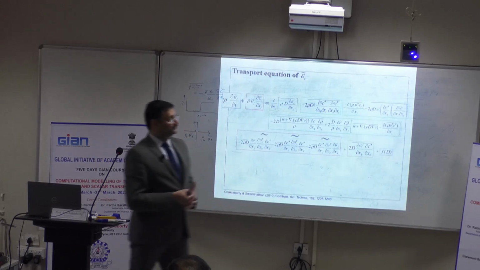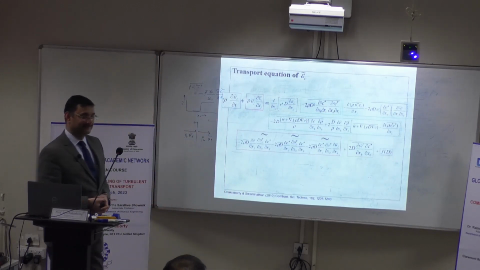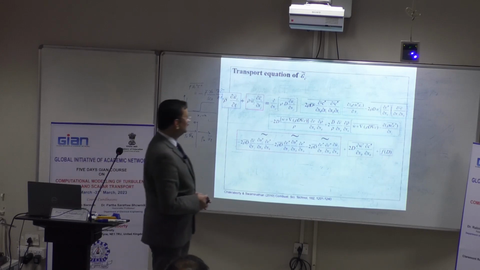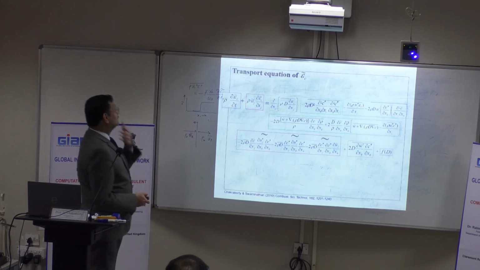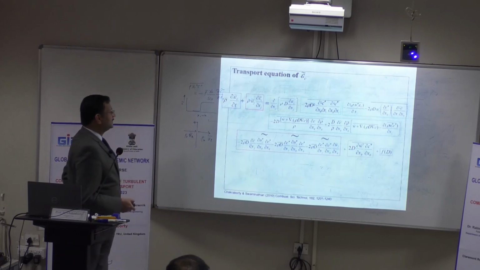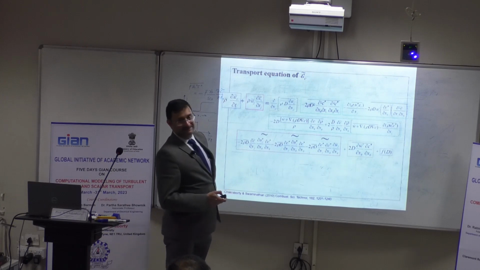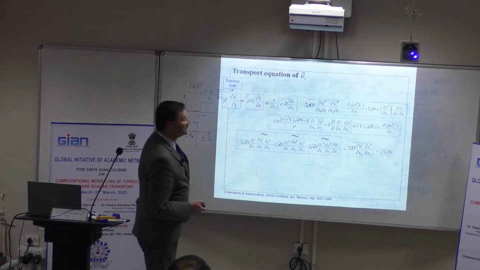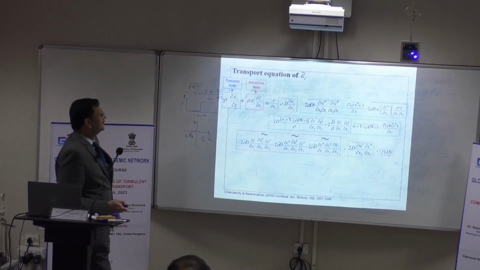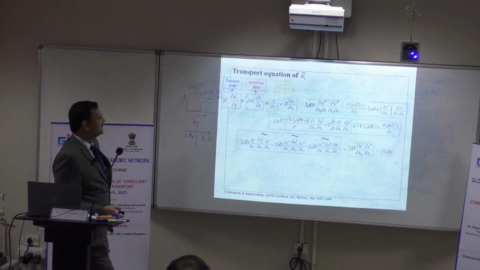Now, this is a horrible looking equation. This is the full transport equation for scalar dissipation rate. Now, it might look horrible, but the physics is beautiful in my opinion. Transient term, mean convection term, molecular diffusion.